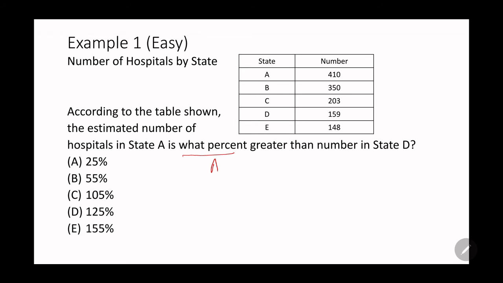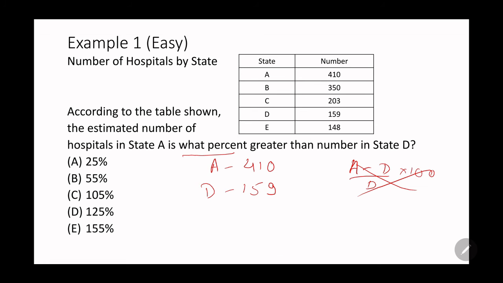State A has 410 hospitals, state D has 159 hospitals. Now don't go ahead and subtract D from A and then use D as the base and try to calculate the percent. That will take much longer. We are not going to do that.